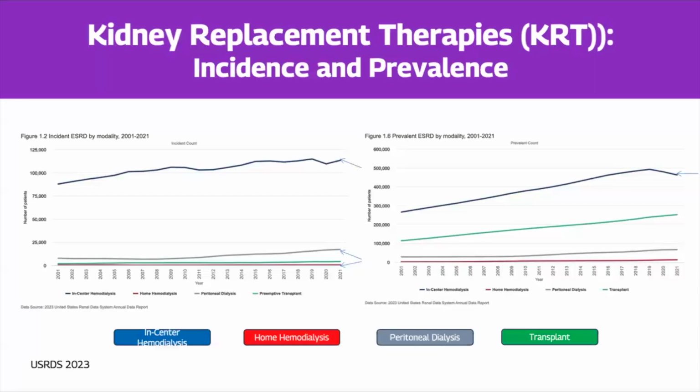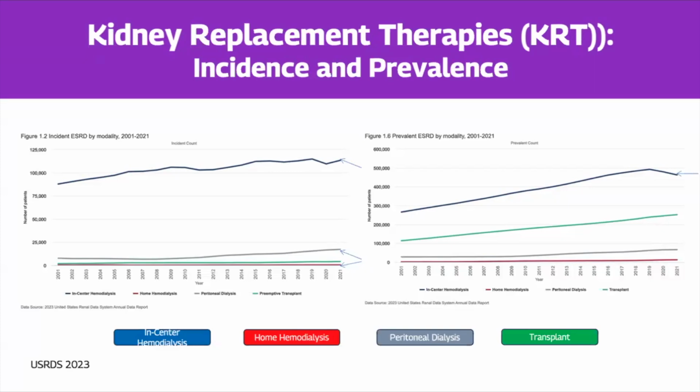So this is our most complicated slide, but it is the incidence and prevalence graphs that the USRDS has provided. On the left, we're seeing the incident patients from 2001 to 2021. And you can see that the number of patients has grown. We have 113,000 patients on the blue line, and those are your hemodialysis patients or staff-assisted hemodialysis patients.